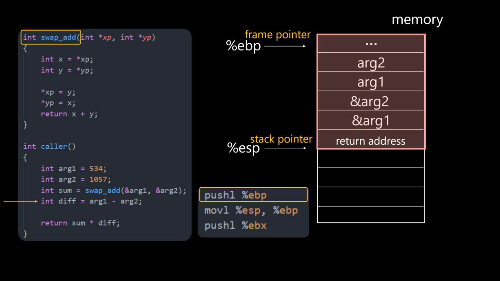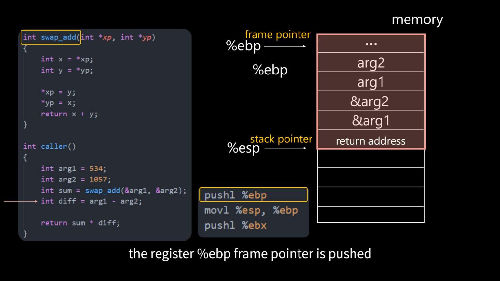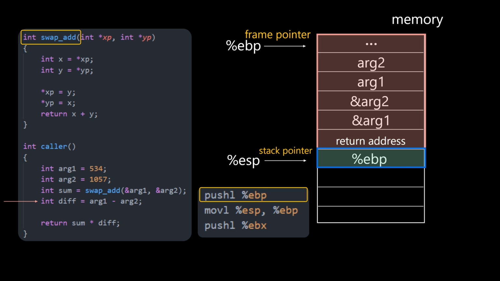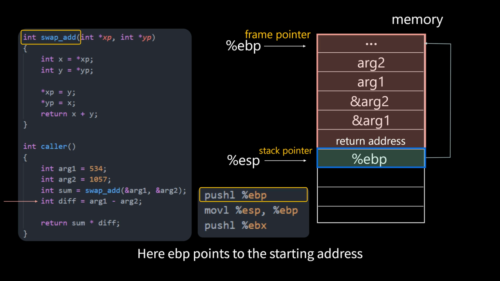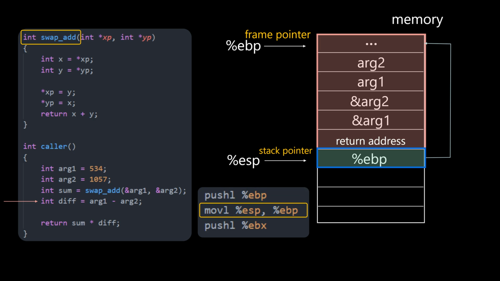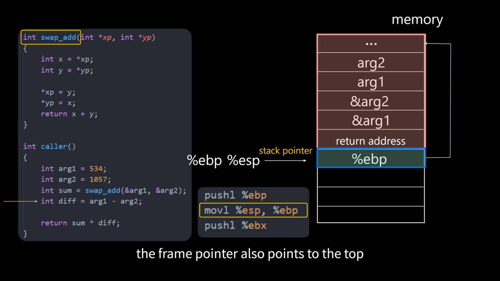According to the assembly, the register EBP frame pointer is pushed onto the stack. Here EBP points to the starting address of the previous stack frame. Then, the address of the stack pointer ESP is assigned to the frame pointer EBP. That is, the frame pointer also points to the top of the stack.